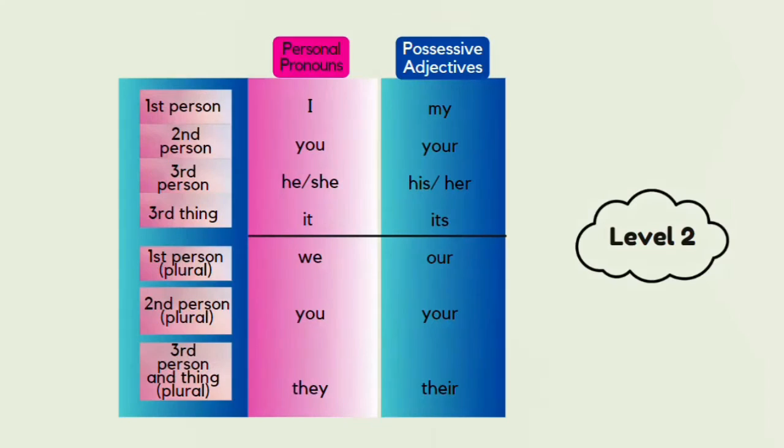Okay? So at the end of level 2, they know about personal pronouns as well as they know about possessive adjectives. These are the possessive adjectives: my, your, his, her, its, our, your, and their. Personal pronouns belong to level 1. Okay, they are here, and then possessive adjectives level 2.